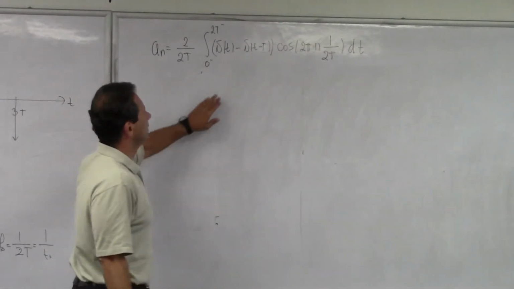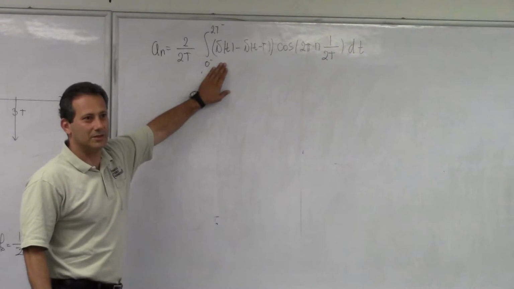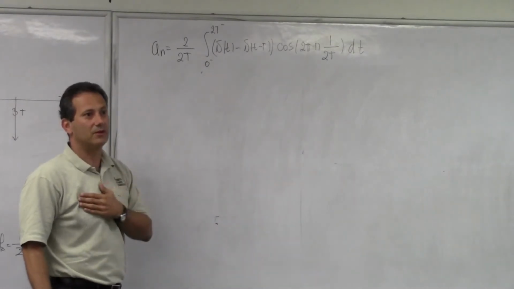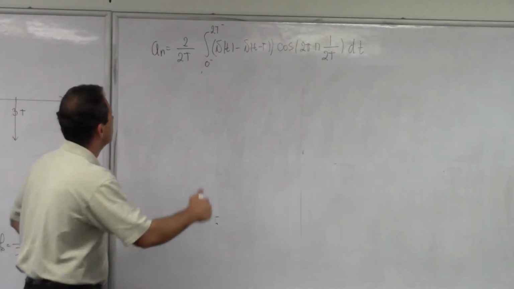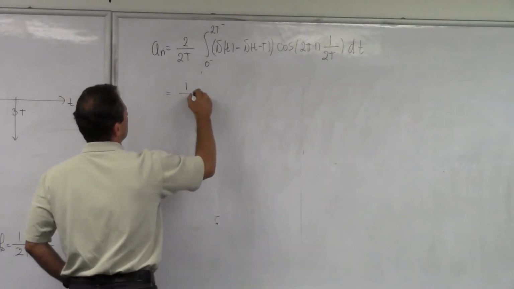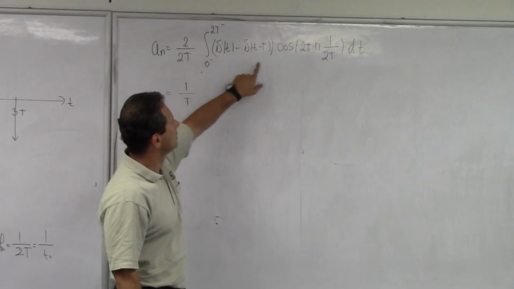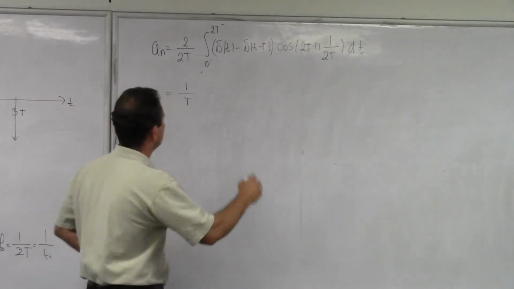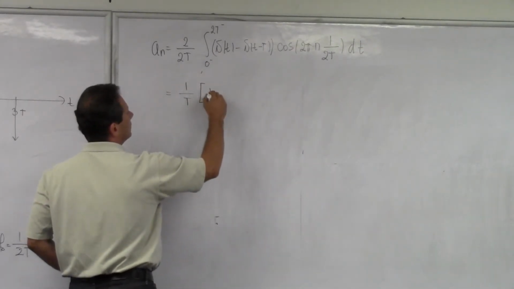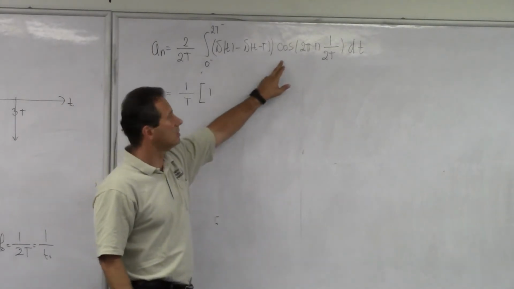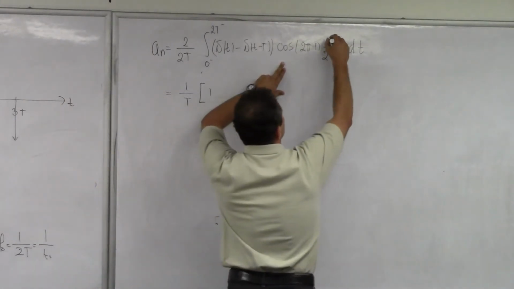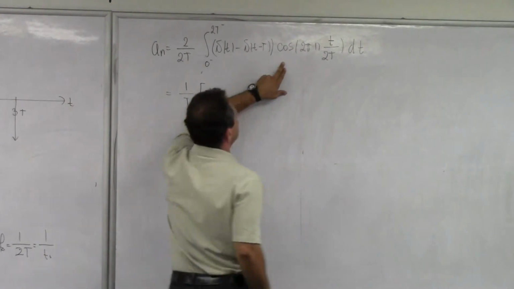There's nothing easier than integrating delta functions. It essentially just samples the value of the function at that point. So this becomes 1 over T, and then the integral from 0 minus to 0 plus of delta of t times cosine just gives me 1, because the value of the cosine at 0 is equal to 1. There's T here, you see?